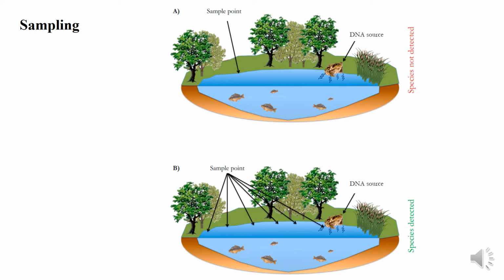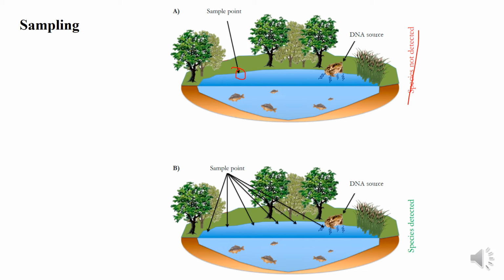I have talked about why we need lots of water sample if you are sampling in an aquatic body. Because if you sample a very limited amount of water, then the species cannot be detected, since in that sample the excretory product or the DNA sample might not be present.